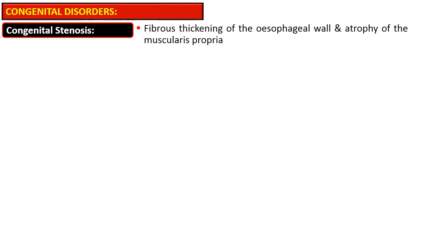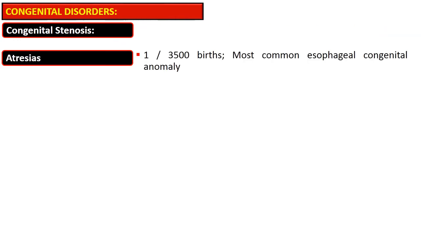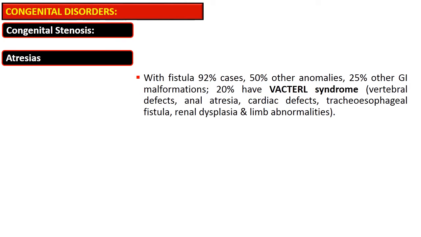The congenital stenosis is the fibrous thickening of the esophageal wall and atrophy of the muscularis propria. The atresias occur 1 in 3500 births and are the most common esophageal congenital anomaly. The atresia occurs with esophageal fistula in 92% of the cases, and 50% of the cases of atresia are associated with other anomalies.